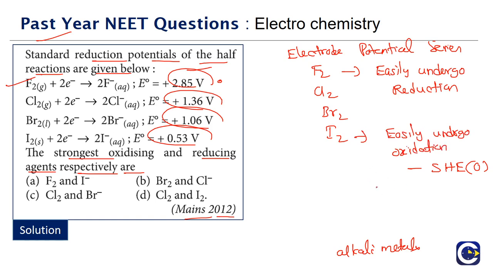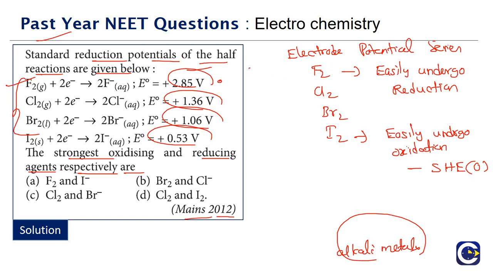Actually speaking, we should go to the bottom of the table, because that's when we'll have the most tendency for oxidation. But here the comparison is not with alkali metals, they are not even in the picture. We are trying to compare between these halogens. So relatively, the reduction tendency is at the top.